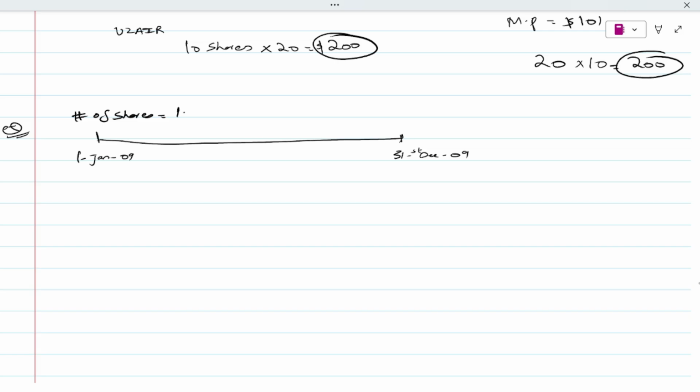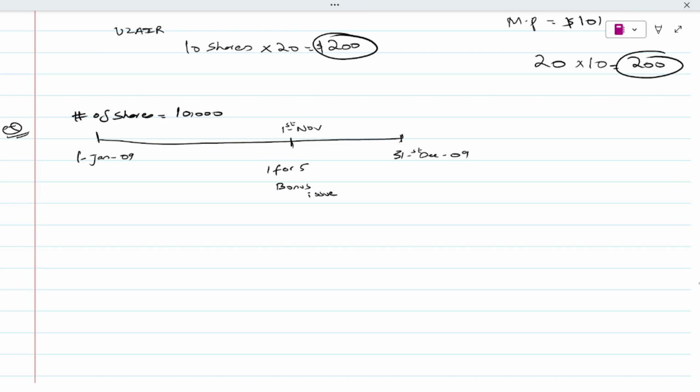Okay, and then around 1st November, we made a 1 for 5 bonus issue. Okay, so this is the information that we have.